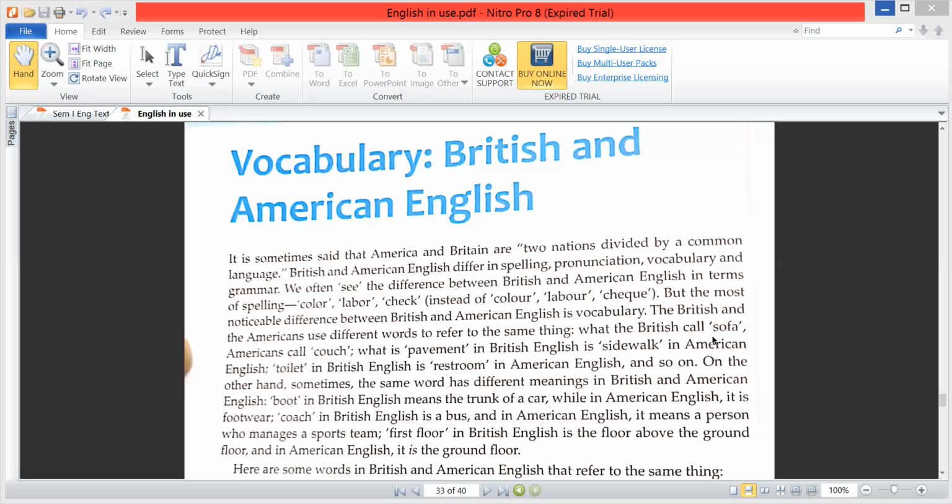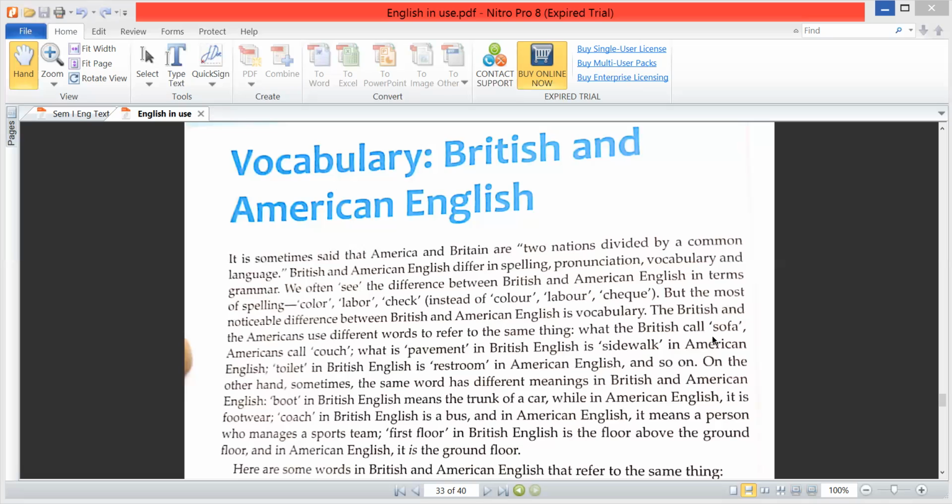When we look at the word boot in British English, it means the trunk of the car, whereas for American English people the word boot means footwear.